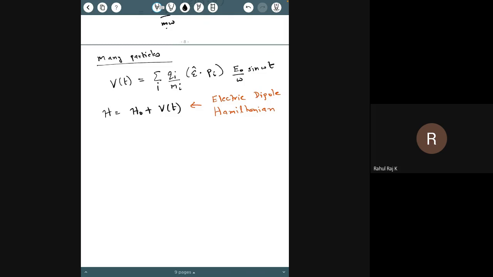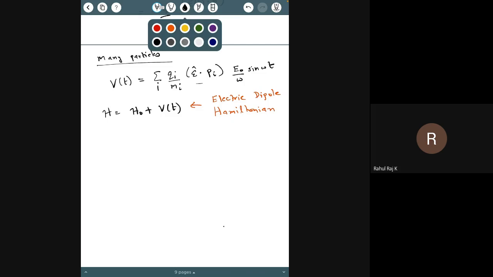Let's see. So now let's make the transition dipole matrix elements. So far we've just got the Hamiltonian. When light is interacting with matter only via electric dipole interactions, which means just this one term. Why it's called electric dipole, I will explain later.